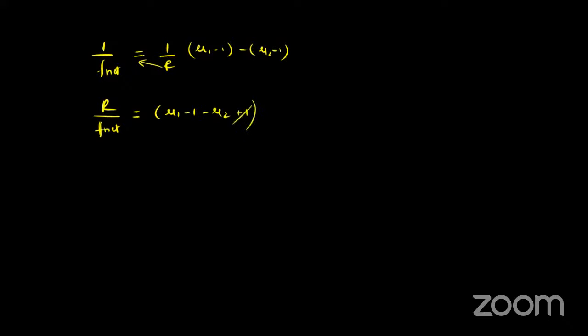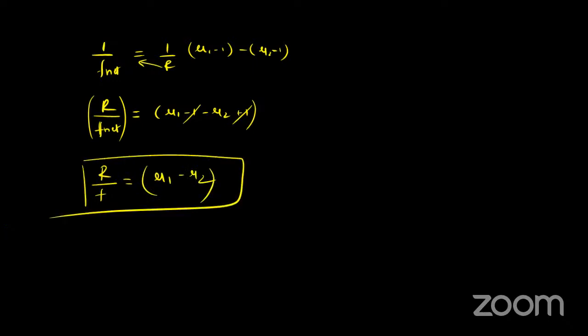Correct? Plus 1 minus 1 cancels. What we actually need to calculate is radius by focal length. So radius upon focal length will be equal to mu1 minus mu2. We got our answer. Correct? Take this screenshot, guys. This page will not come in the PDF actually.